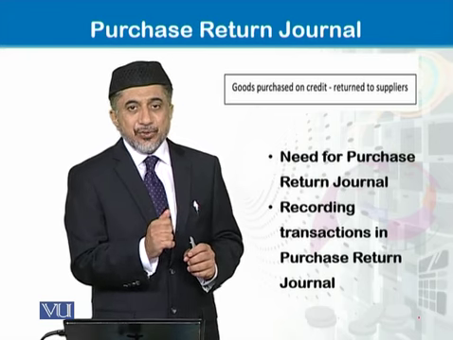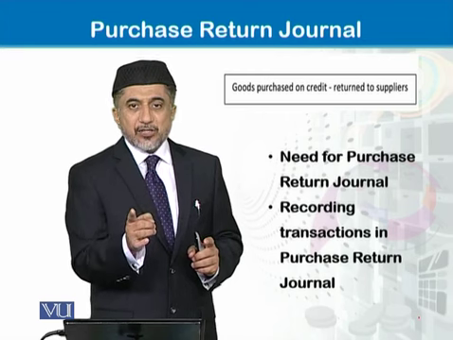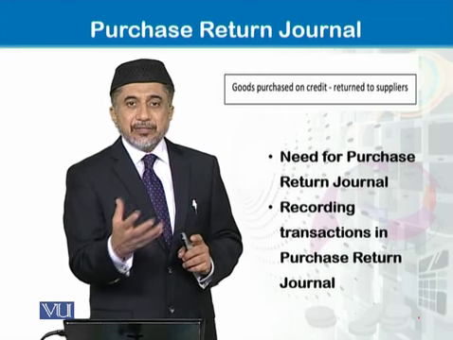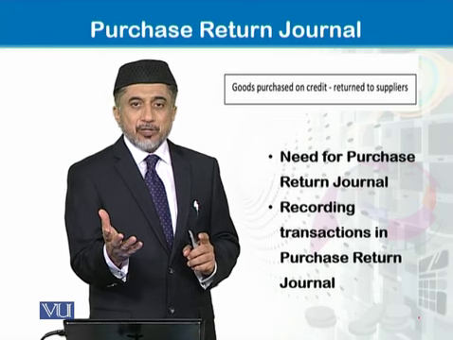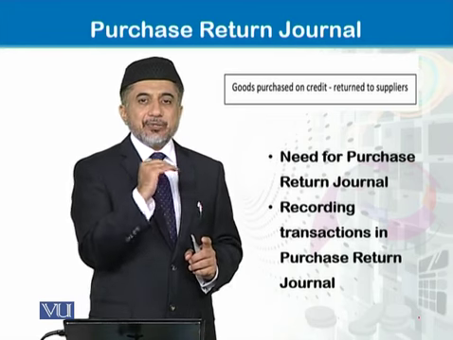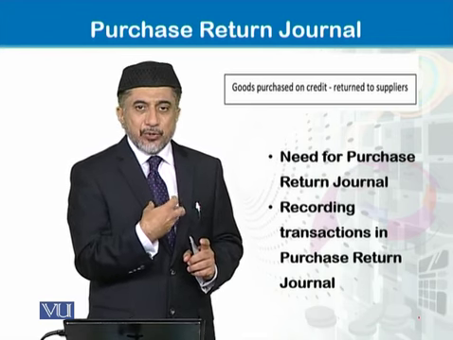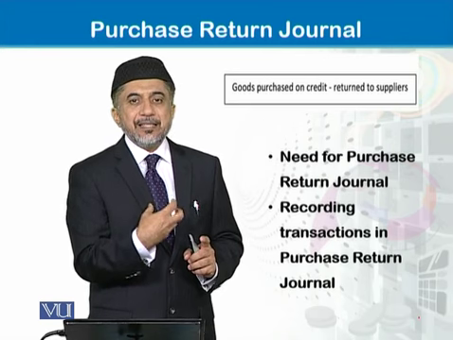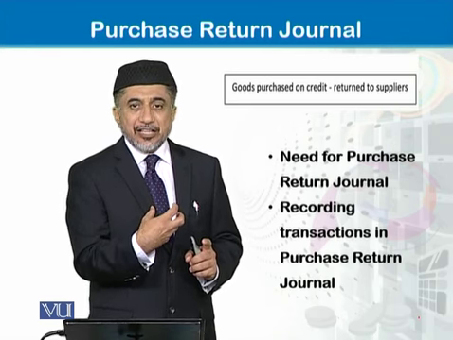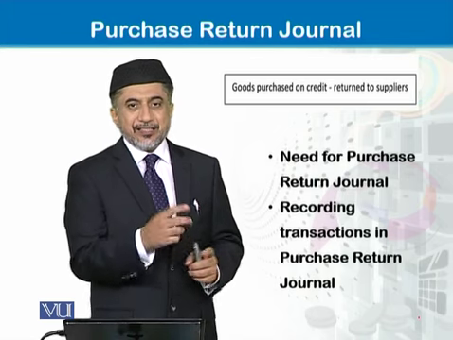Yes, that is through a credit note. So when the supplier is satisfied that these returned goods are acceptable, the supplier will issue a credit note. Upon receiving that credit note, you will record this purchase return transaction in your purchase return journal. Now the transaction is complete.